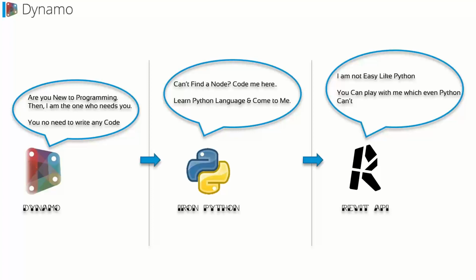If you cannot find it, then Iron Python will help you. It's not a general Python, it's a different Python. We generally call it an application Python. You have to apply that, and it is very easy, frankly. Even 6th class students can learn this Python very easily.